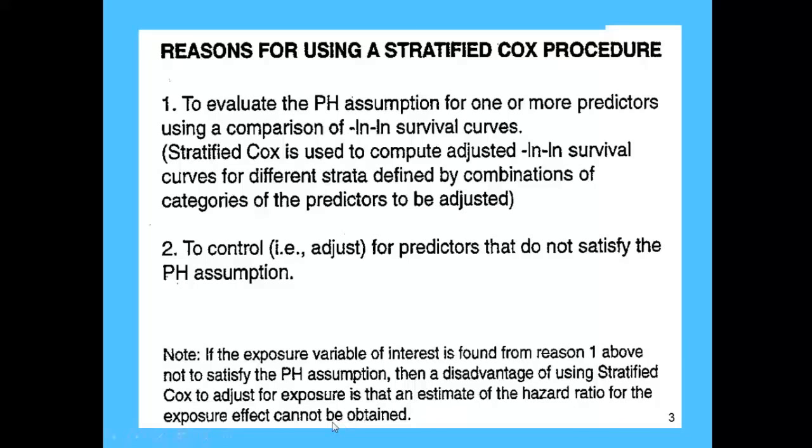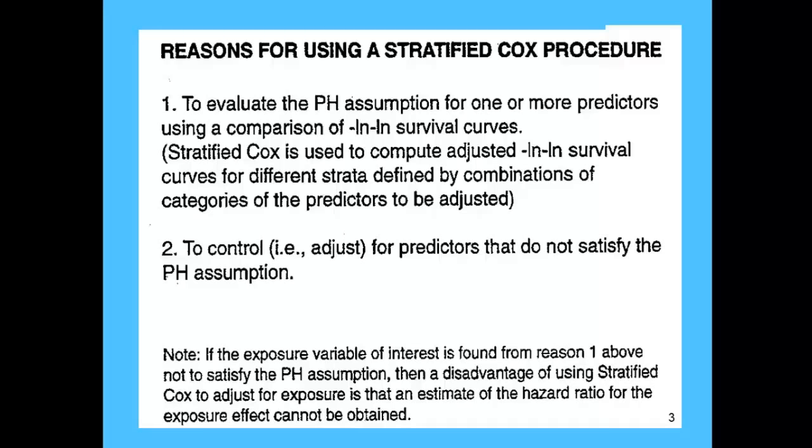If you stratify on it, and you put the other variables that satisfy the assumption in the model, what can't you get from the model? You're using a Cox proportional hazard model, putting in the other variables that are okay, but you're leaving the treatment variable out and stratifying on it. What won't you be able to get from that model? You won't be able to get a hazard ratio.